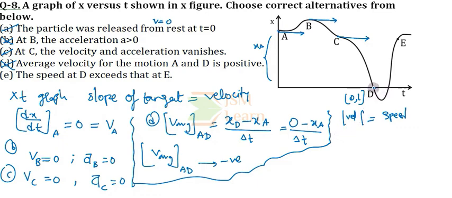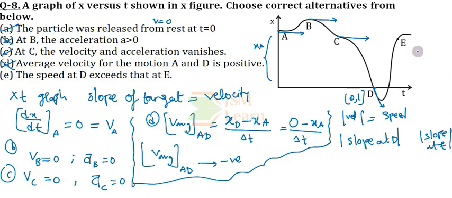At point D, I can find the velocity by drawing a tangent. If I find the slope of the tangent, I will get velocity. I need only the magnitude, because speed is nothing but the magnitude of velocity. I need only the mod of the slope at D and the mod of the slope at E.